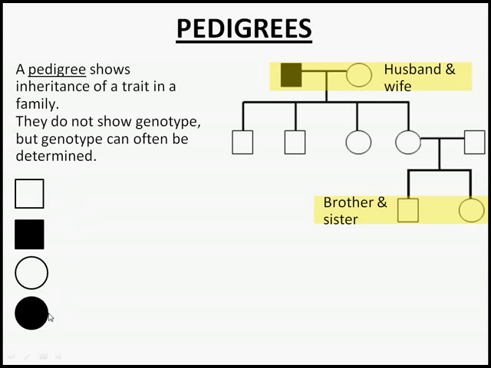Whereas the shaded in symbols represent individuals that have the trait that is being tracked in the pedigree. So just quickly jot those down. Open or not shaded in, male without the trait. This one's male with the trait, female without the trait, female with the trait. And we'll go over some of these in class too, to give you an idea of the practice that you need to have for this.